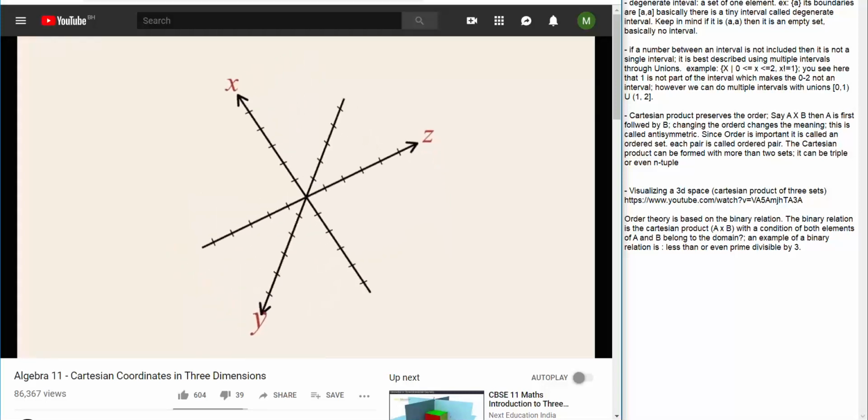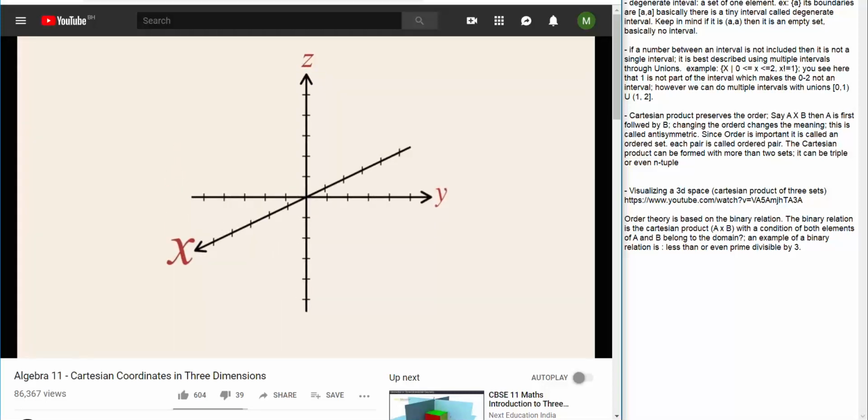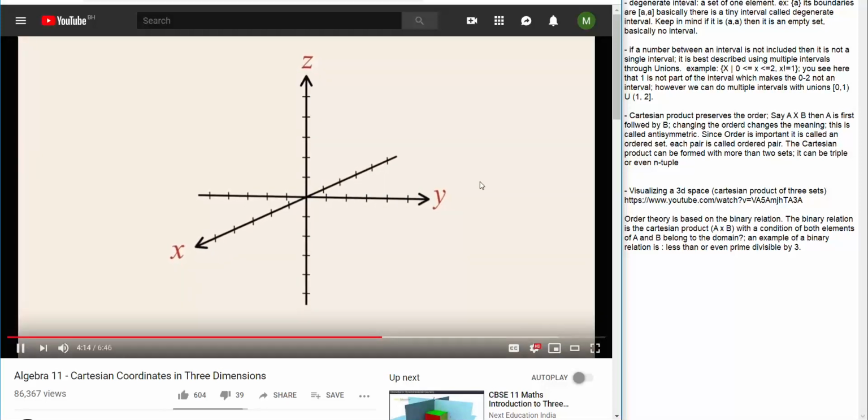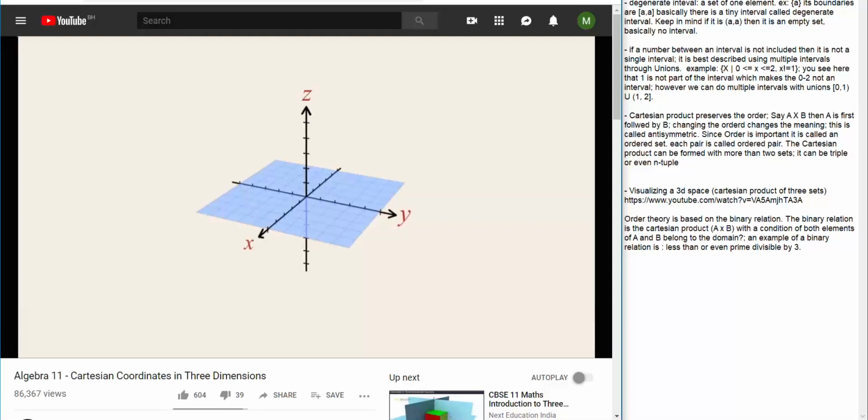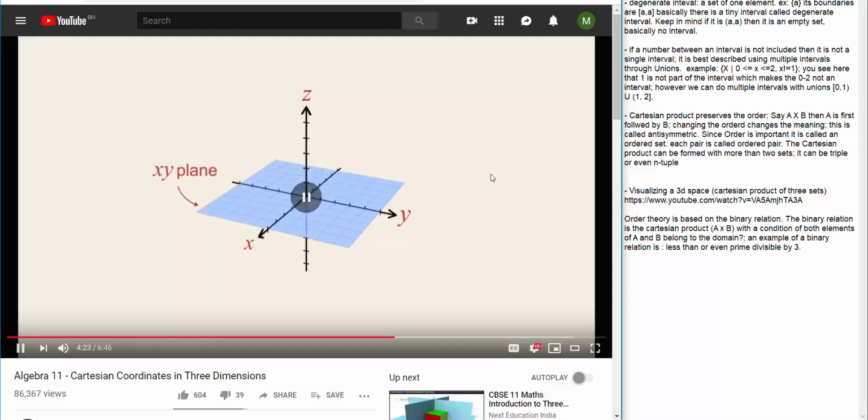However, the typical orientation is with positive x pointing out, positive y pointing to the right, and positive z pointing up. In 3 dimensions, just as in 2 dimensions, the infinite plane containing the x and y axes is called the xy plane.